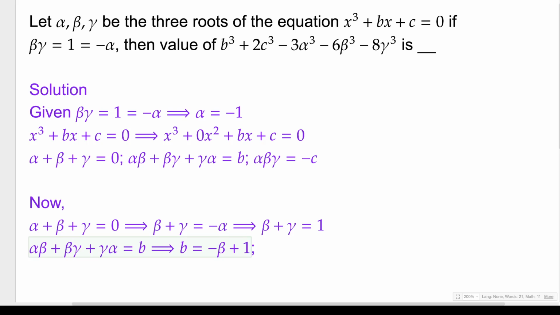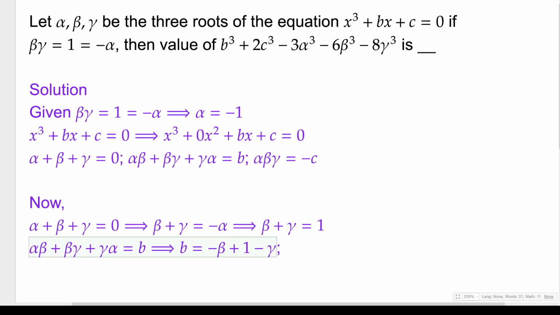And gamma times alpha, for this one we can write negative gamma, because alpha is negative 1. So this is the relationship for b.